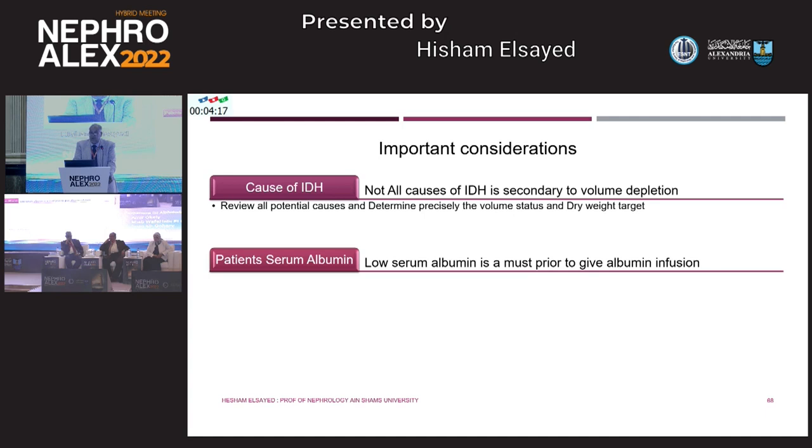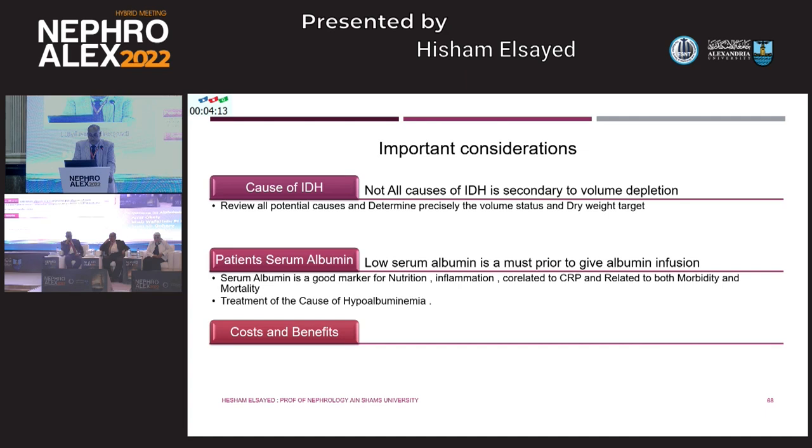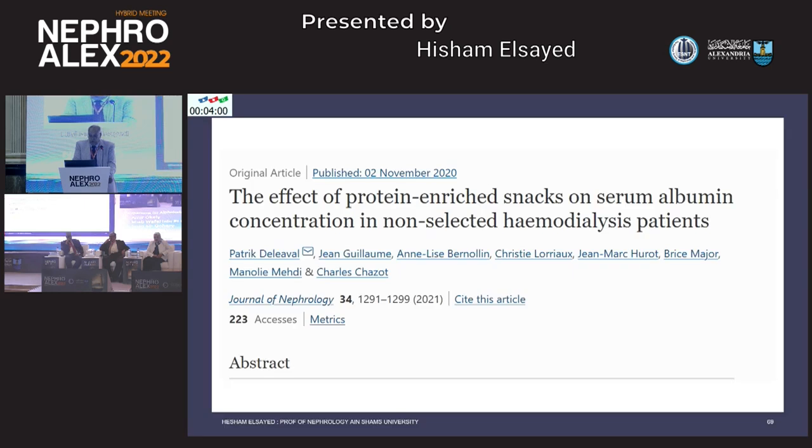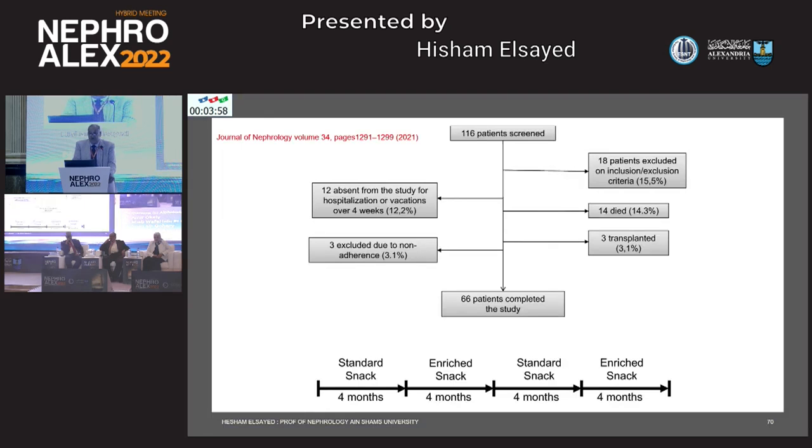Patients with low serum albumin: we have to give IV albumin if the patient has low serum albumin, weighing cost, benefits, and risks, such as the huge money paid for human albumin, as well as the risk of contamination, infection, or aluminum toxicity. So the protein-enriched snack is important.